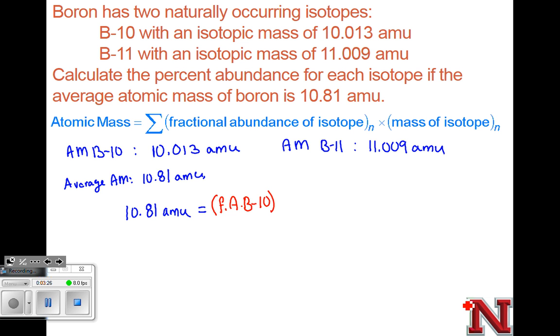So that'll be my fractional abundance of boron 10 times our mass of boron 10. And remember, fractional abundance won't have a unit attached because it is just a percentage. It's a fraction of a whole.